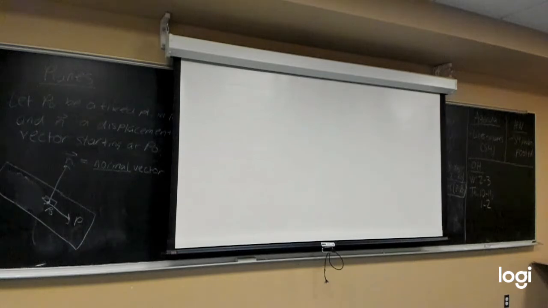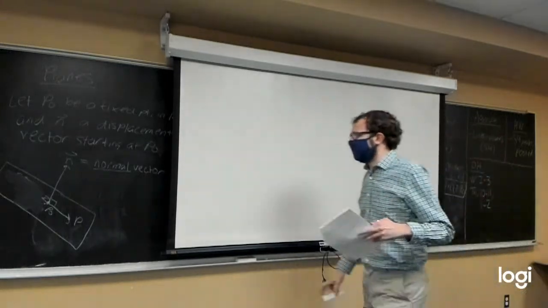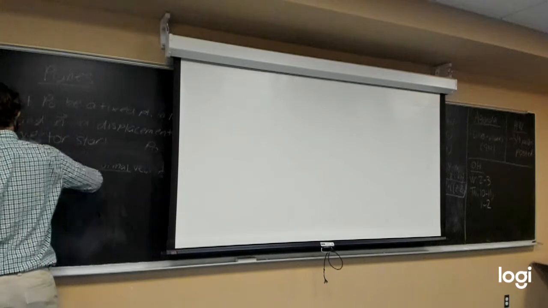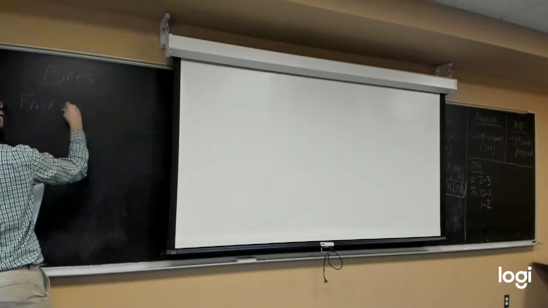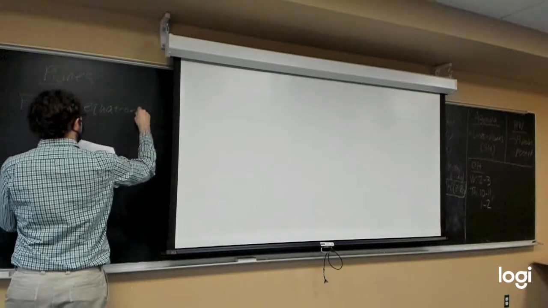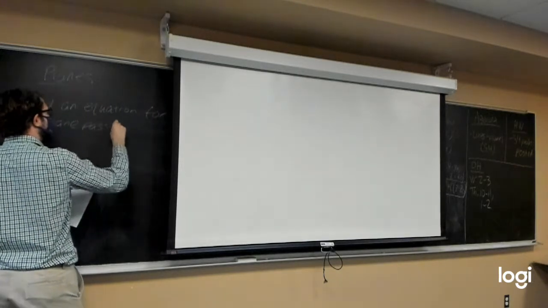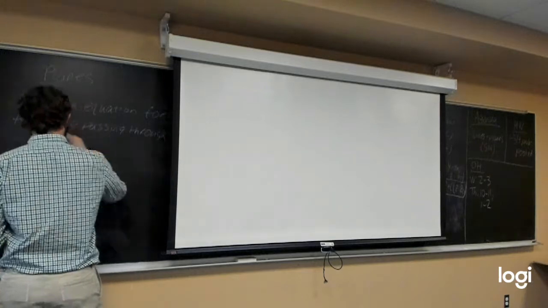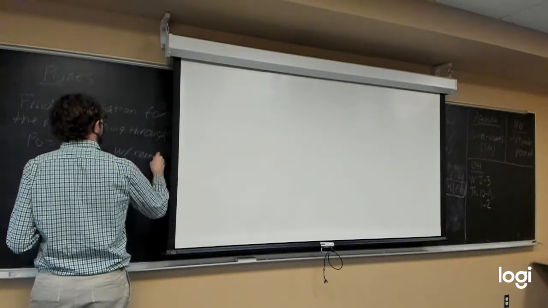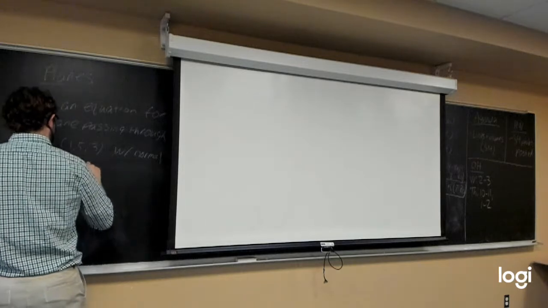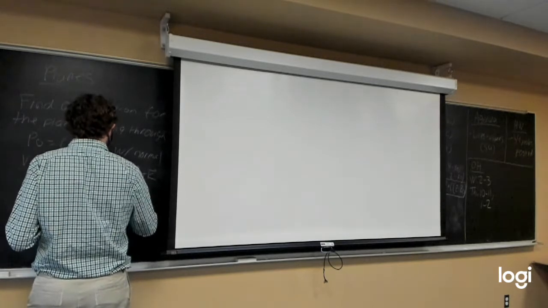I'm going to be looking at the next page of the packet, and our goal is to find an equation for the plane that's going to pass through the point P naught equals 1, 5, 3 with normal vector n given by 3i minus 2j plus k, or if you prefer, by 3, negative 2, 1.